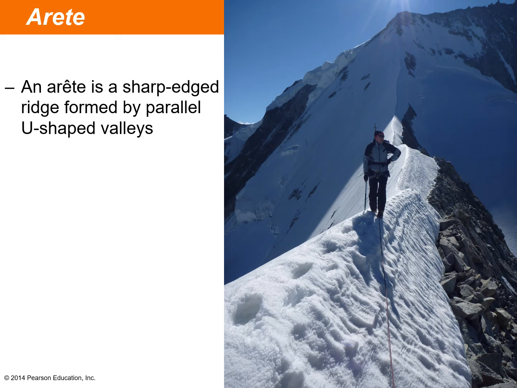And so this photograph here is a pretty good example of what an arête looks like, where you can see this hiker hiking along an arête, and you can see sharp drop-offs on both sides carved by the U-shaped valleys from glaciers on either side of the arête.